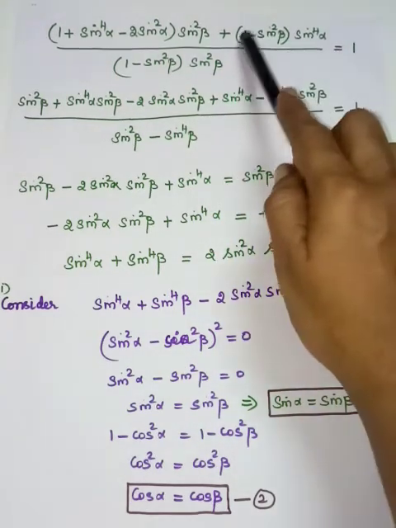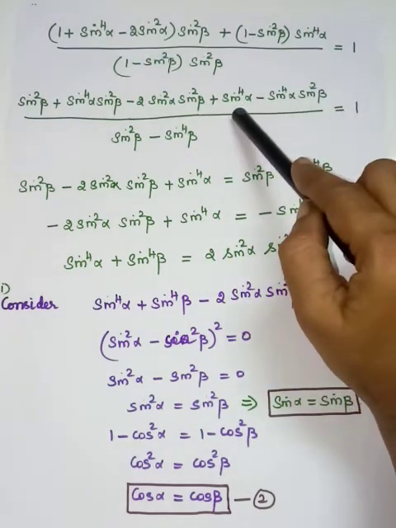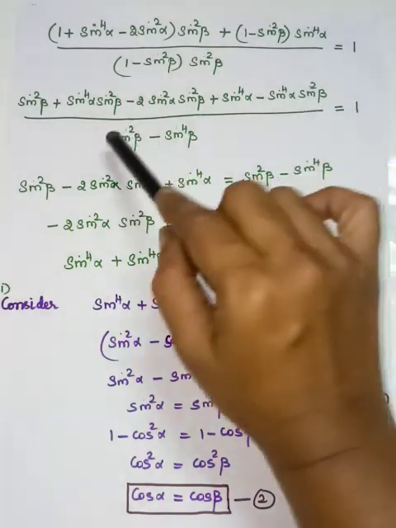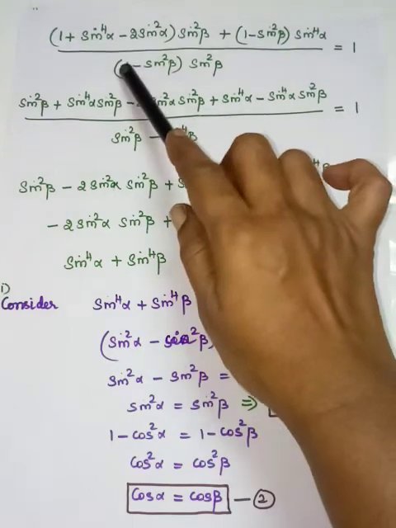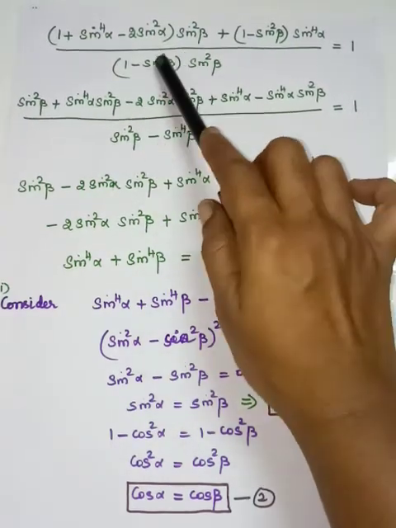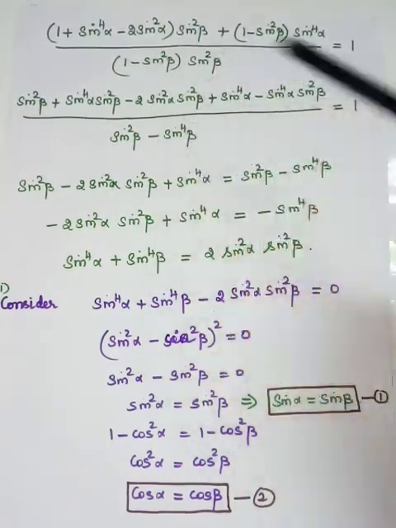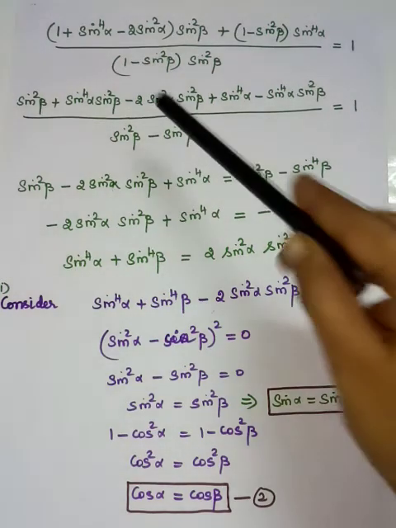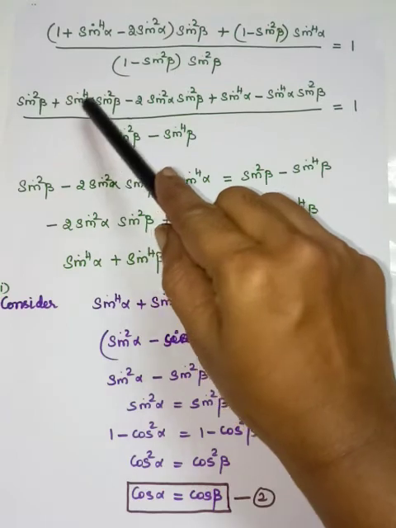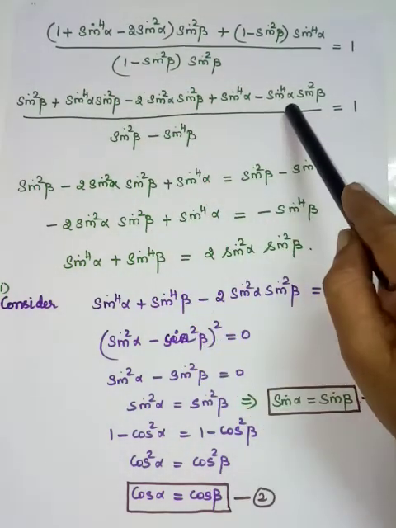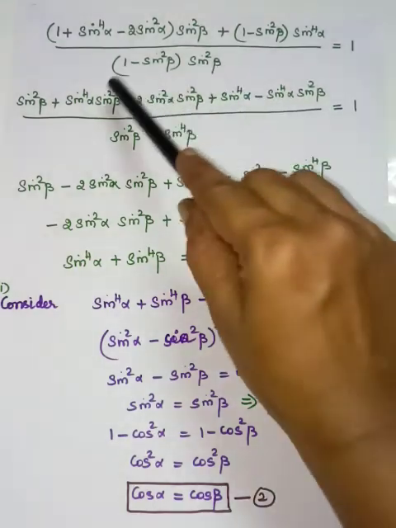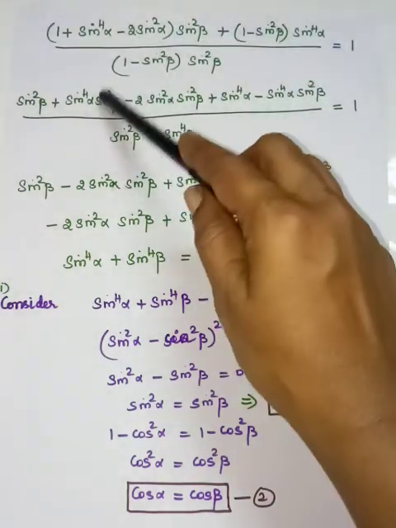When you expand this, 1 into sin power 4 alpha is sin power 4 alpha, minus sin power 4 alpha into sin squared beta, divided by the denominator sin squared beta minus, when you multiply these two, sin power 4 beta, that is equal to 1. And from here you see the term sin power 4 alpha sin squared beta: here it is plus, there it is minus, both getting cancelled.